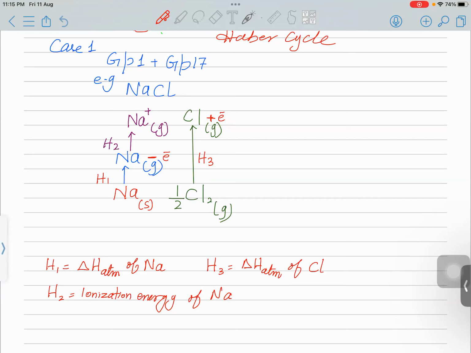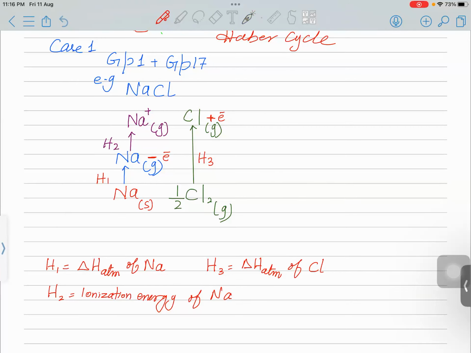Very good. Now, when one electron is given to a chlorine atom, energy is released.